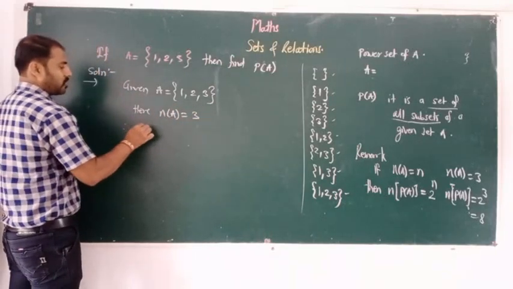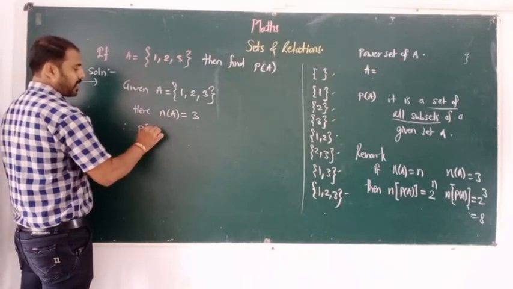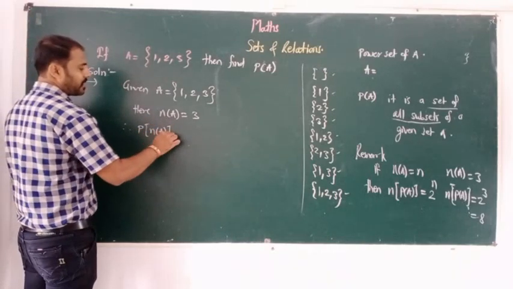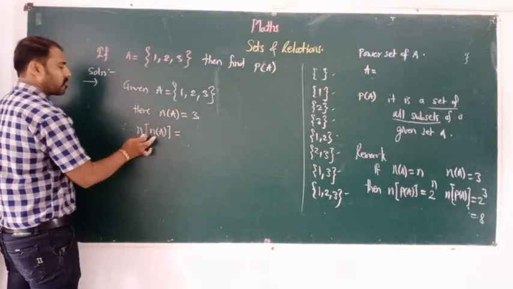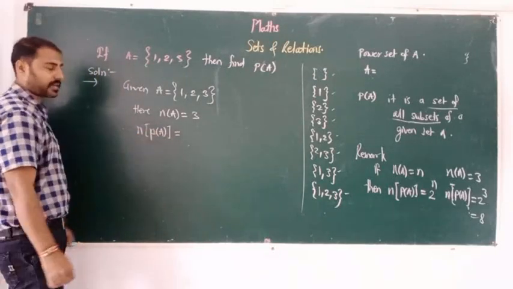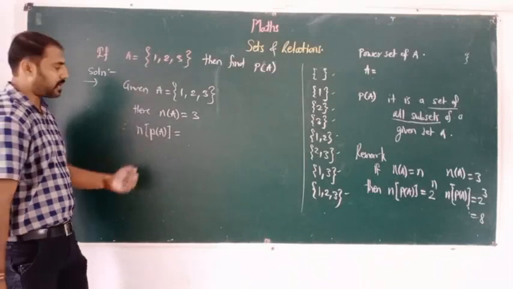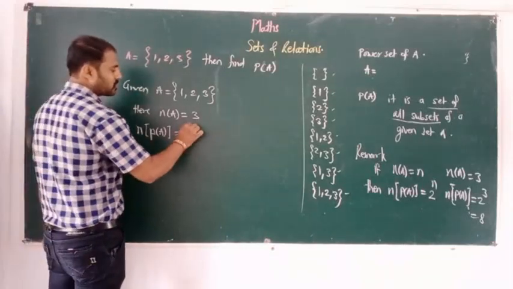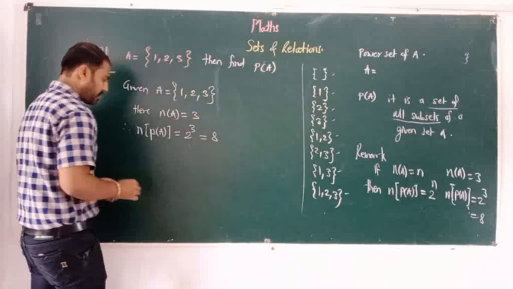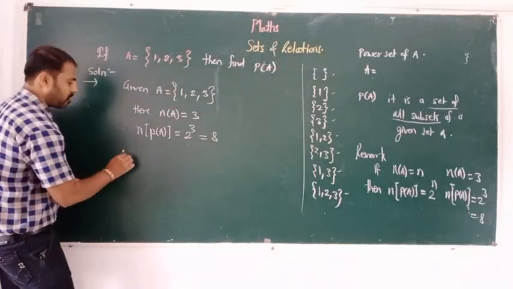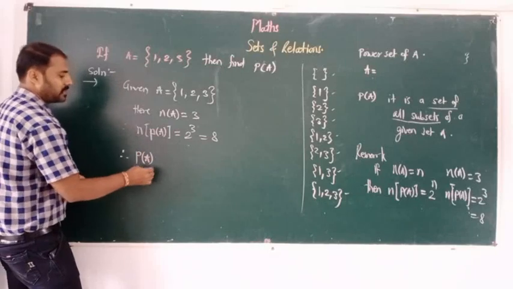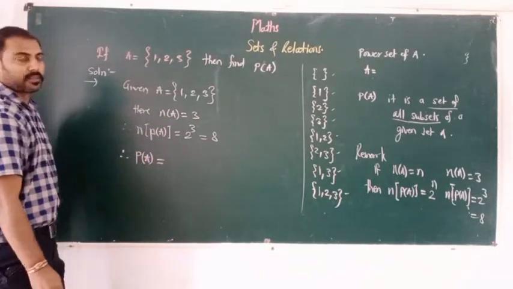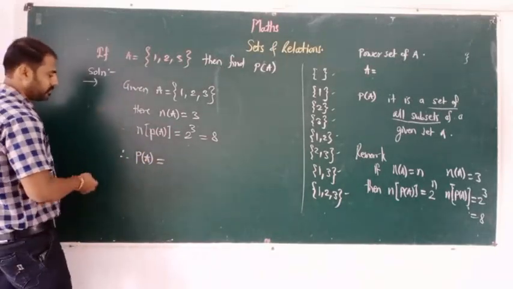Therefore, n of P of A, the cardinality of the power set of A, is equal to 2 raised to 3, that is 8. Now I am writing all the elements in the power set of A. The power set of A is denoted by P of A.